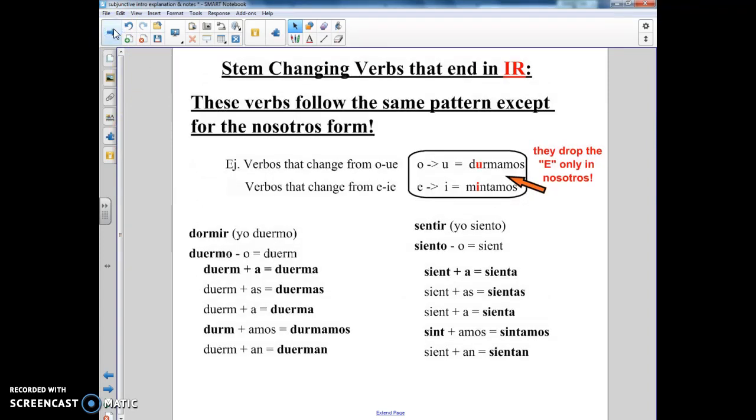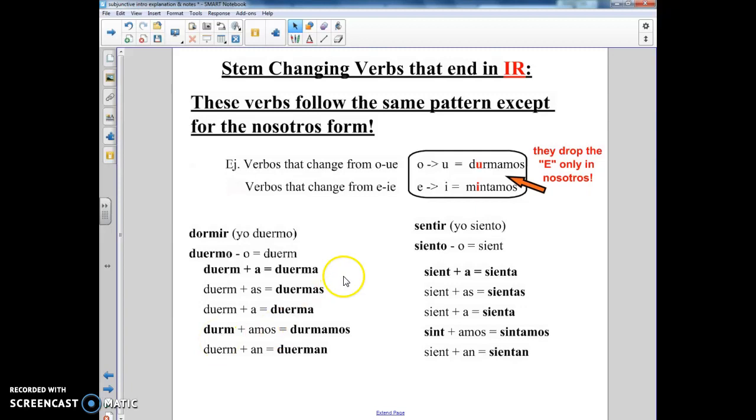With IR verbs, you're going to do a little bit different of a stem change. So verbs that change from O to UE are going to change O to UE everywhere except for nosotros, where they change O to U instead.